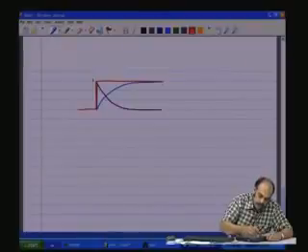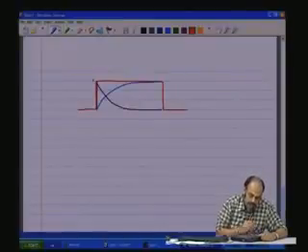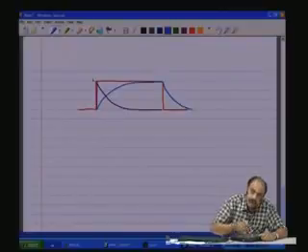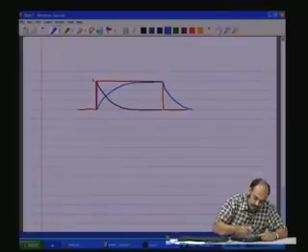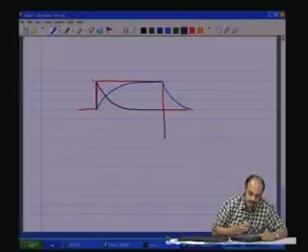Now, let us say we bring the step back and then make it 0. So, Vi becomes 0. So, what happens to the voltage across the capacitance? It starts decaying like that gradually to 0. And what happens to the voltage across VR? You will see that there is a reverse current.